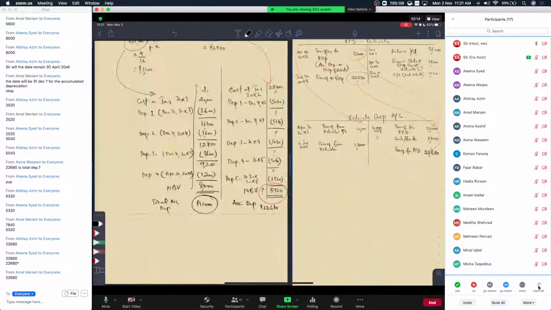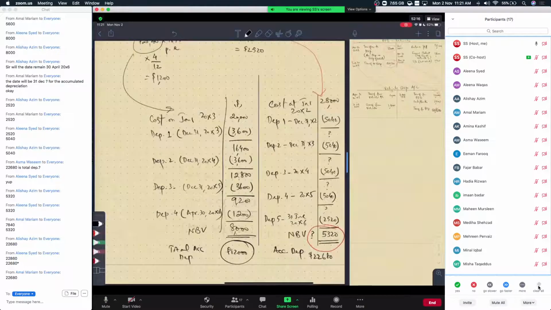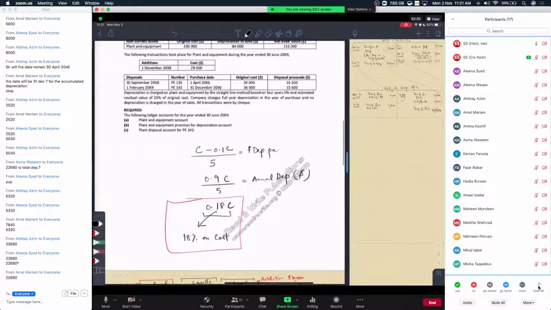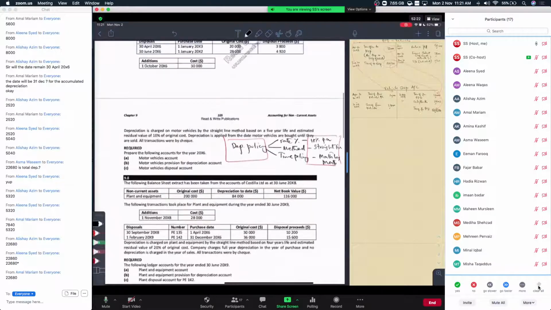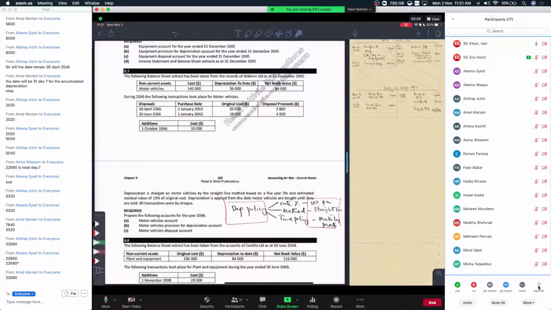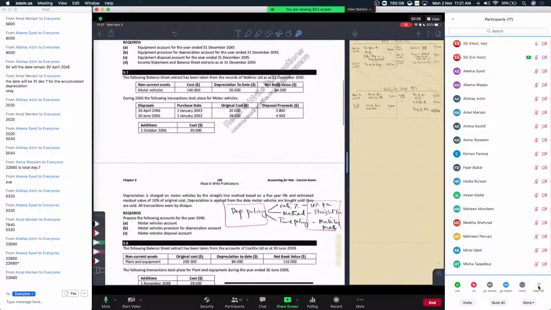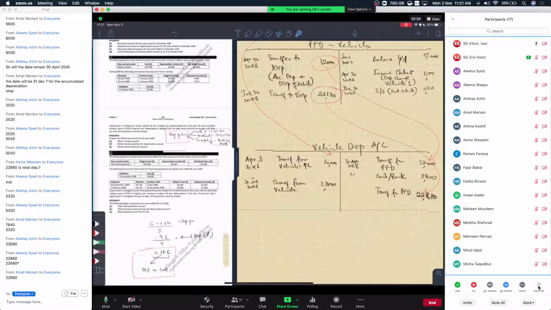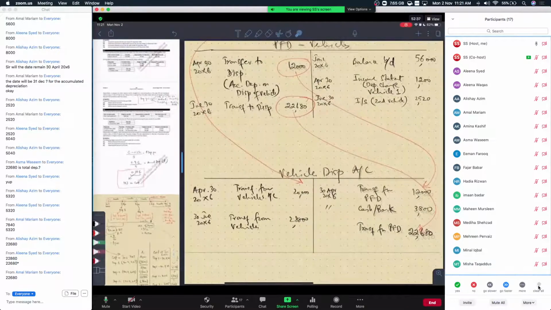Now we have to just put the disposal proceeds there. The disposal proceeds are that. So 28,000 has been transferred. Accumulated depreciation was transferred, and now this 4920, which is your disposal proceeds. So we are going to bring it down here, 4920, right?